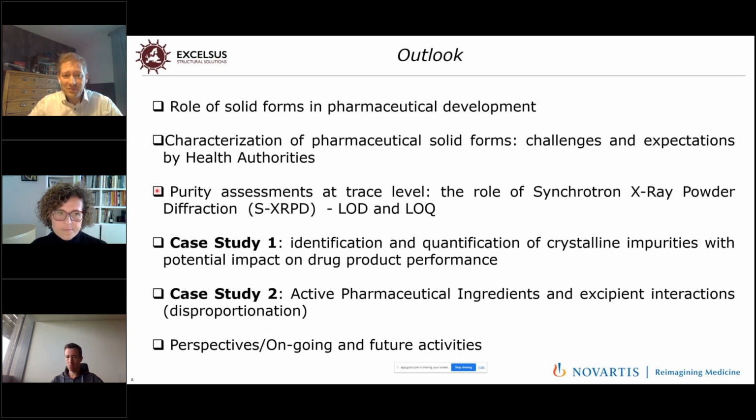And hopefully we will trigger your interest through two different case studies where we had to identify and quantify some crystalline impurities, which had some impact on drug product performance. And also another very interesting case of salt disproportionation, where the active pharmaceutical ingredient is reacting with some of the excipients. For concluding, we will share some perspective on ongoing activities and what will be happening next.